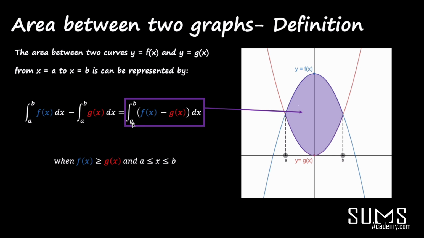But for this to be true, f of x needs to be larger than g of x, okay? And a needs to be smaller than b. It needs to go from bottom to top. In this range, you can see that f of x is the greater function, the bigger one rather than g of x here at the bottom. So you need to make sure you are confident which one is the larger function, because it's only the top minus the bottom, and that's only when this stands true. Hope that makes sense. We'll go do an example now.